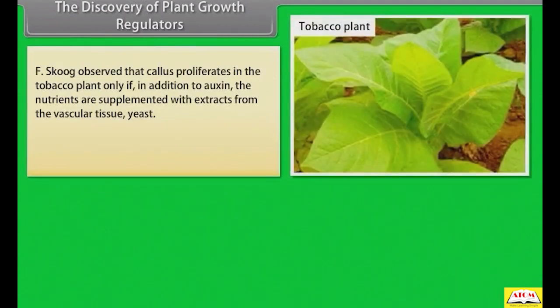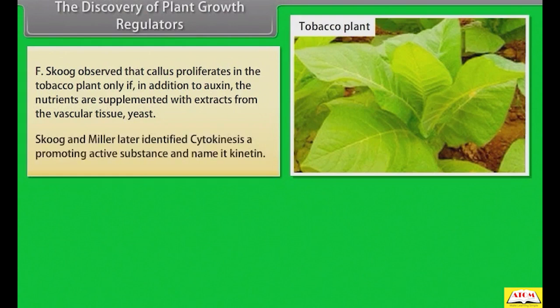The discovery of plant growth regulators. F. Skoog observed that callus proliferates in the tobacco plant only if, in addition to auxin, the nutrients are supplemented with extracts from the vascular tissue, yeast. Skoog and Miller later identified a cell division promoting active substance, a cytokinin, and named it kinetin.